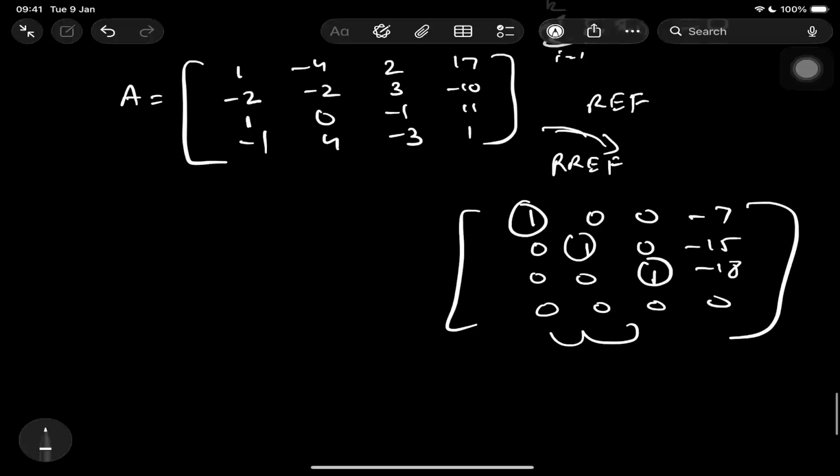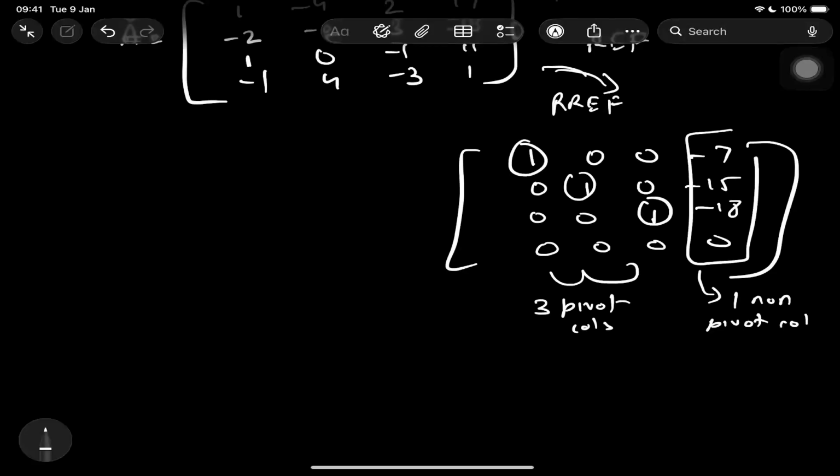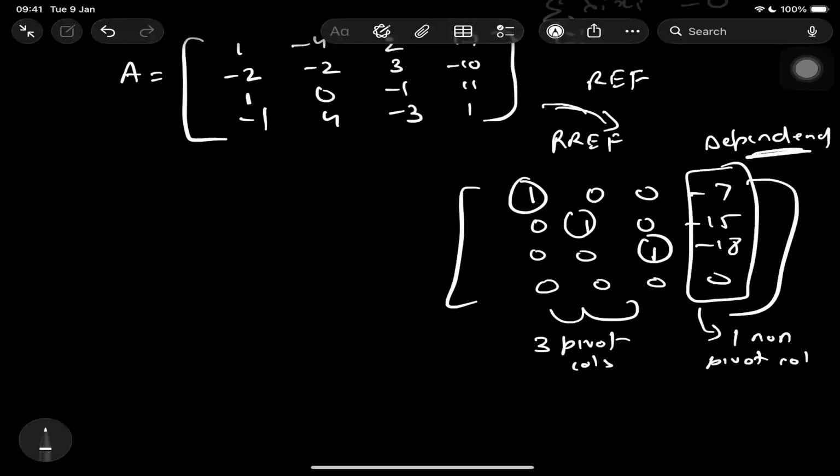So what I have is 3 pivot columns and 1 non-pivot column. Now this means that this is dependent. Hence we won't be able to call it linearly independent since we have got a non-pivot column here.